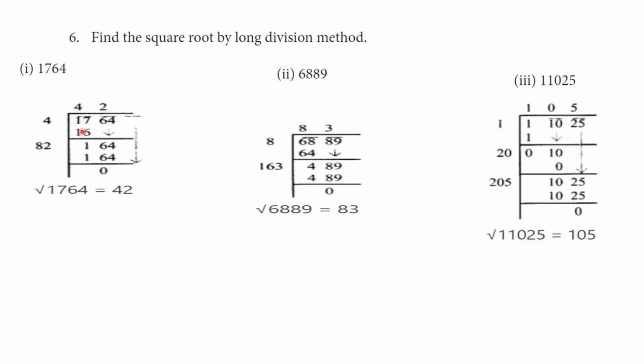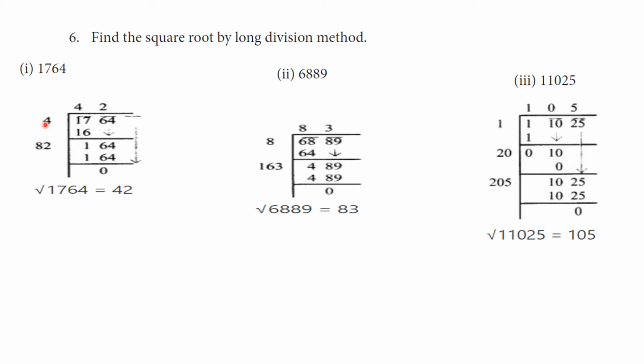Here, to find the square root, first the quotient and divisor are the same number. Here you see 17. I am writing 4, 4 4s are 16. So 17 minus 16 is 1. Carry down 64. Next, 4 into 2, or double 2, is 4.